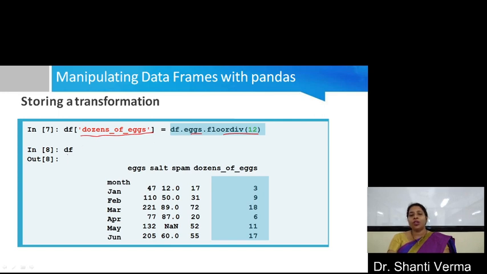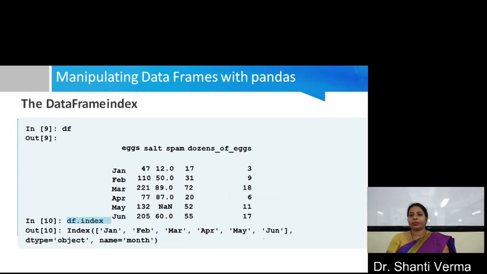If I want to see whether the column is added or not, I write df. You can see here one column is added in the data frame df, with values having the egg values divided by 12.